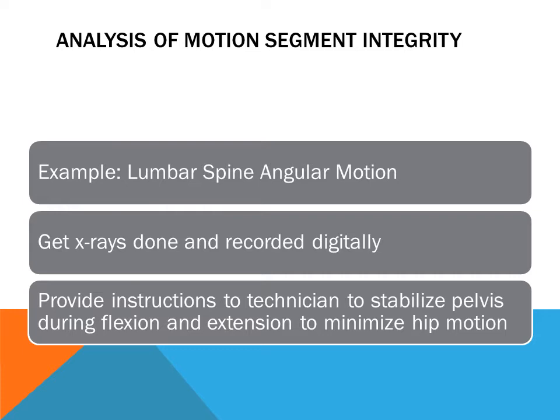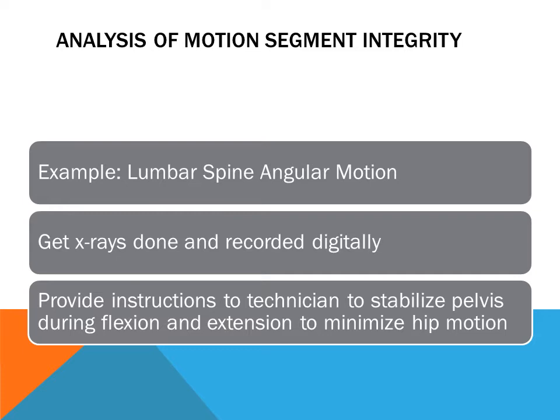And I always get these studies done at a local imaging facility where the x-rays are processed digitally. And having them processed digitally provides you with the measuring tools embedded right in the software that you can use to perform your measurements and assess the angular motion.